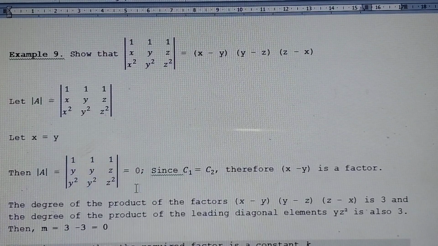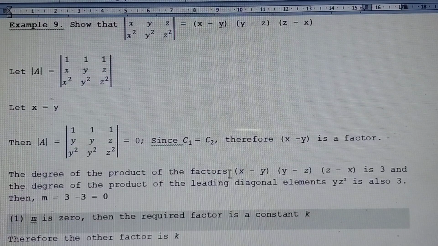Kaya dito, yung row 1, column 1, at saka column 2 ay identical. Therefore, kung yun ang situation, ito ay 0. So, sabi doon sa explanation kanina, kapag ganun ang mangyayari, therefore, itong x minus y ay factor ng determinant na to. So, the degree of the product of the factors x minus y, y minus z, and z minus x is 3.